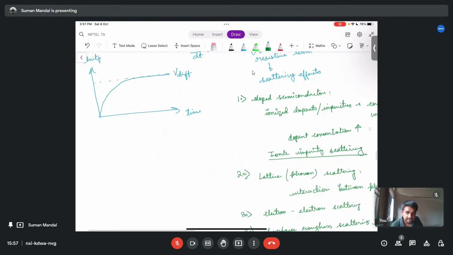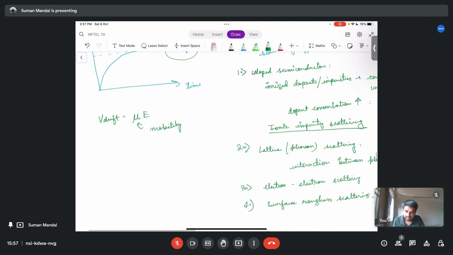Now if you talk about the drift velocity, we can write drift velocity as mu into E. It's called the mobility. And the total mobility depends upon the effect of all of this.